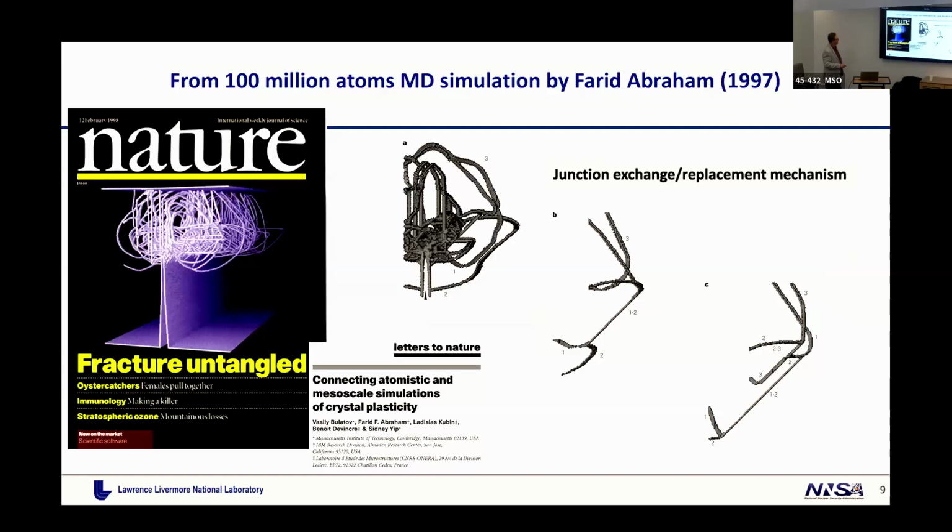And one of the things was just an example of it. This is a fairly famous, at least at the time, simulation by Farid Abraham, 100 million atoms, which at that point was a world record. Farid worked in a PR department at IBM Almaden. So he was basically PRing for IBM computing.